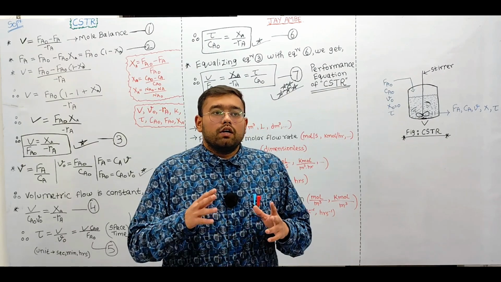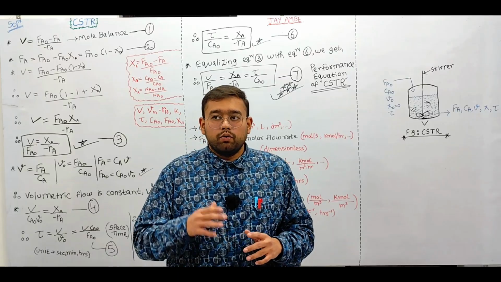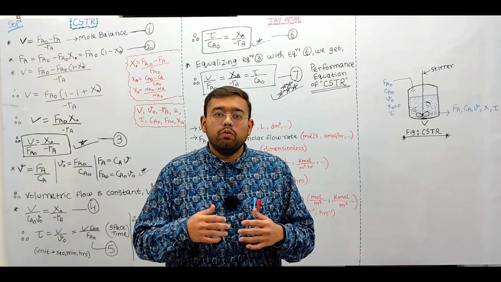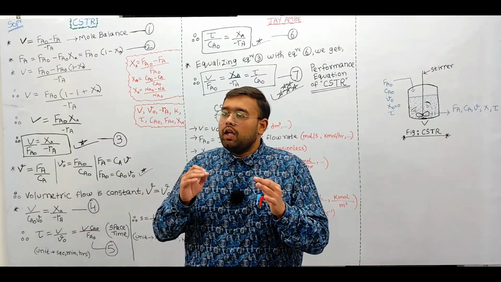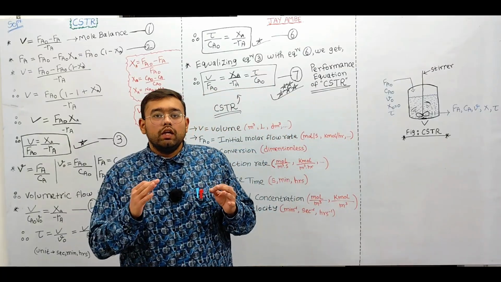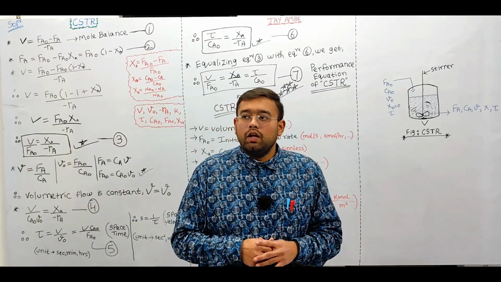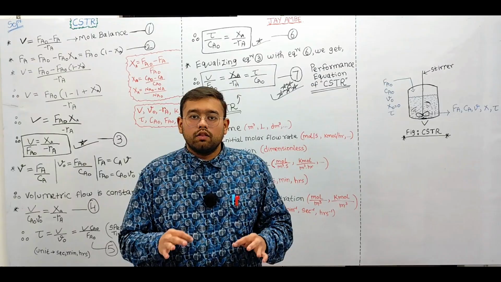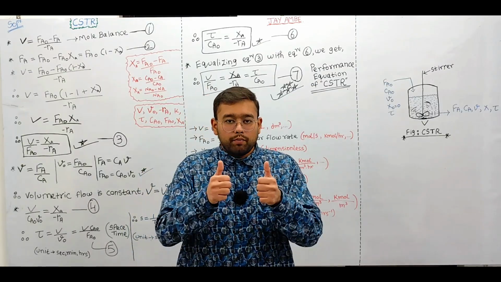Let's say now imagine that you are designing a reactor for industry. You know the reaction kinetics, but you don't know how large a volume of reactor is required in order to achieve the reaction efficiently, right? So this is exactly where the performance equation is the most powerful tool for chemical engineers.